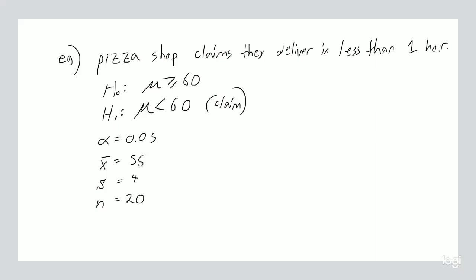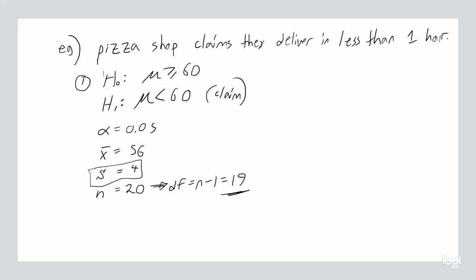Notice we have a sample standard deviation, which means we're going to be using the t-table instead of the z-table. From our sample size, we also have to determine our degrees of freedom, which is just sample size minus 1, which in our case is 19. So our step 1 is completed right here.